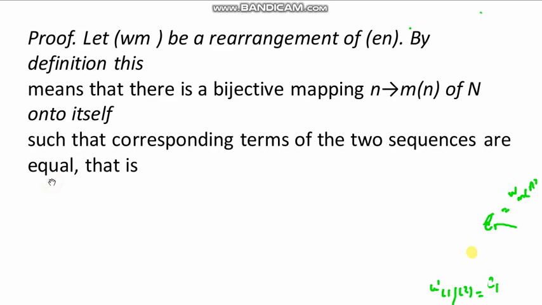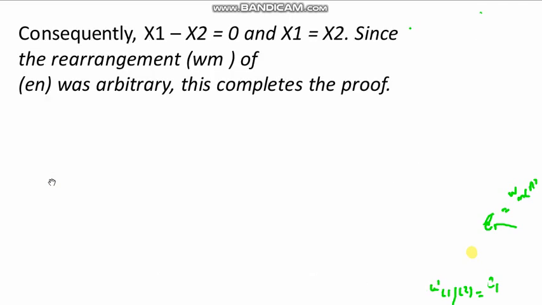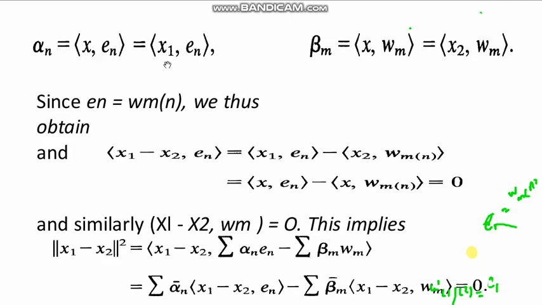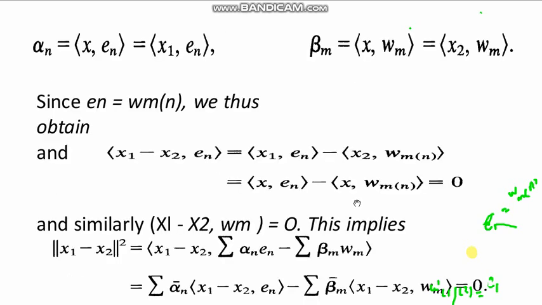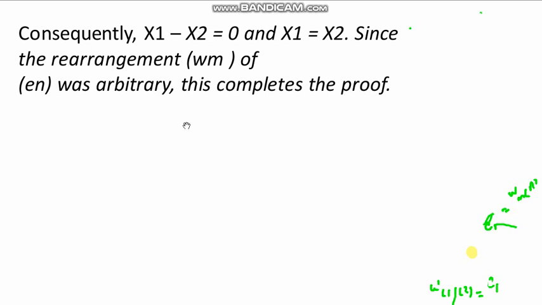So here we have proved that their corresponding terms, these two sequences alpha_n and beta_m, their terms x1 and x2, are equal. This completes the proof, and our topic ends with the signature of thanks.